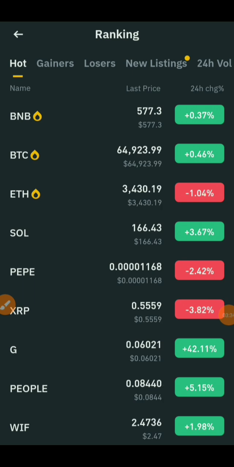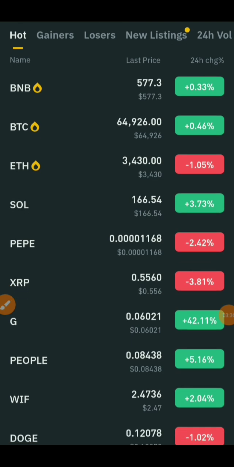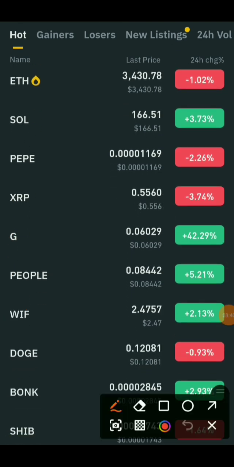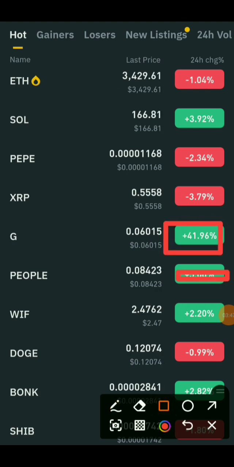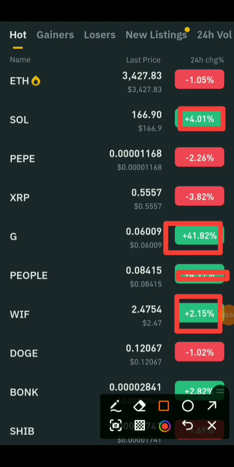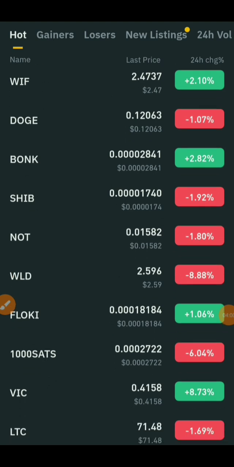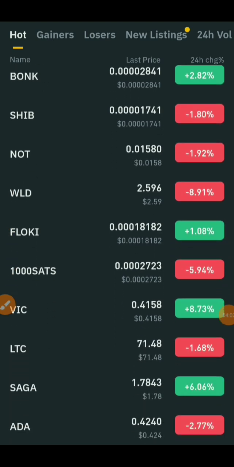So over here we are going to search for coins that have this green. The green clearly means that the coin is appreciating. You see, this one is green, this one is also green, this one is green. Ignore the red for now, because what we are going to do is buy low and sell high. So you look for any coin with green that suits you, that you want to trade with.